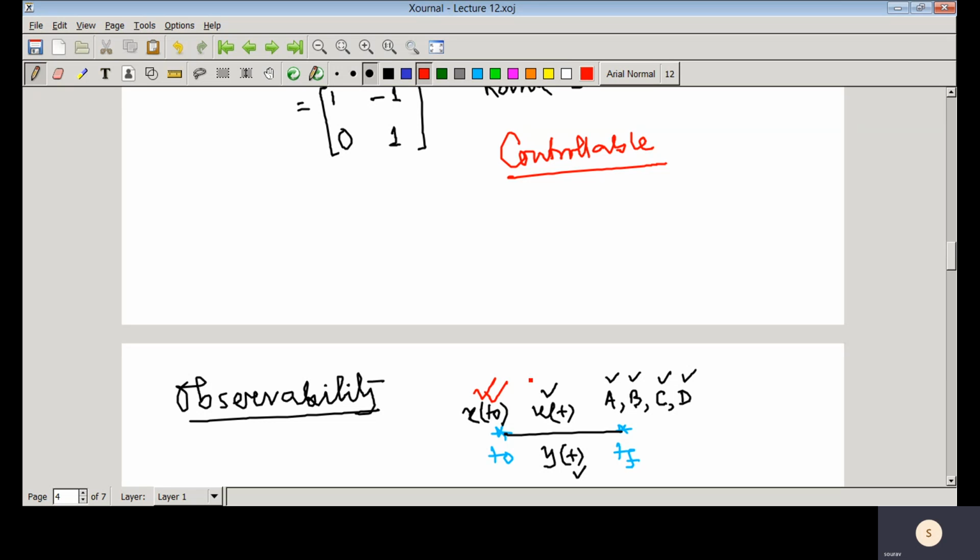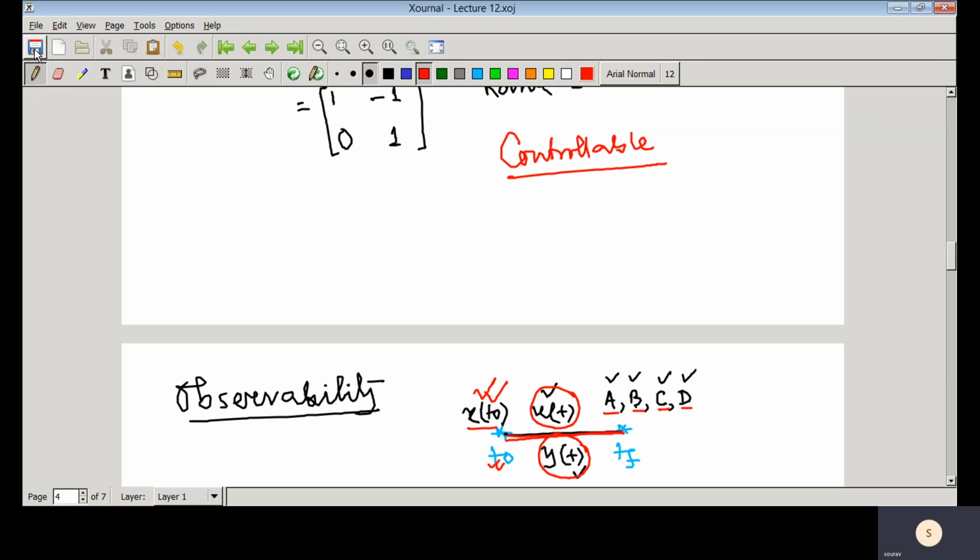Let me repeat once again. In a time interval, if we know the control input and the output of that system, along with the knowledge of the state space matrices A, B, C, D, then if we are able to calculate the state at t0, then this system is said to be observable.